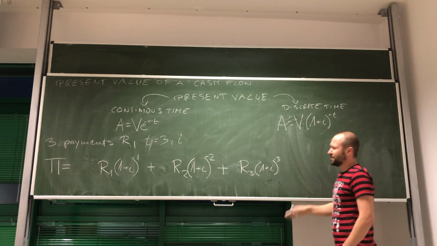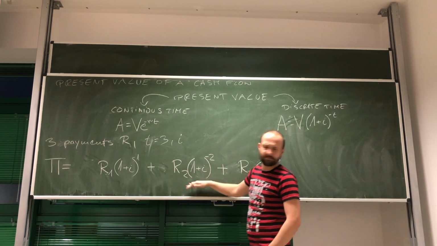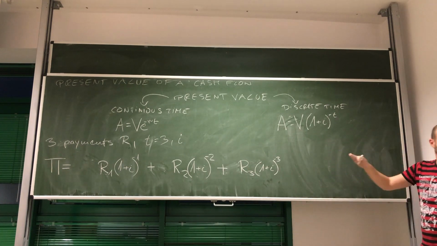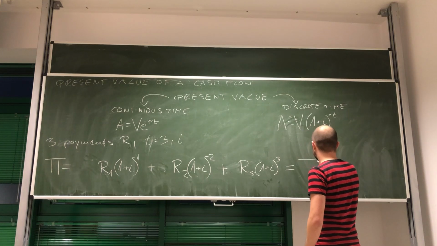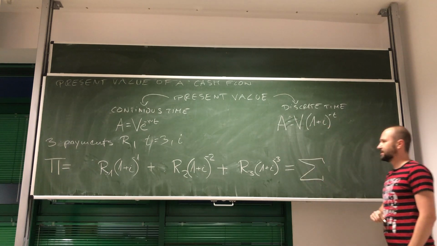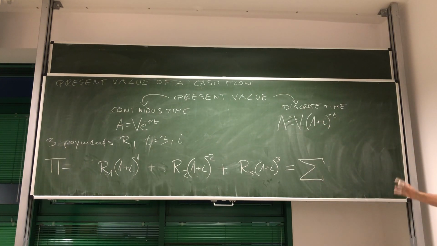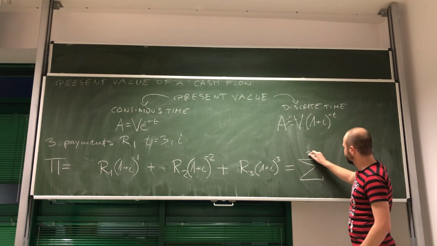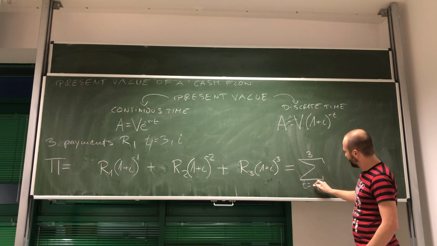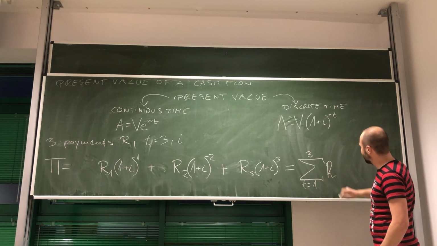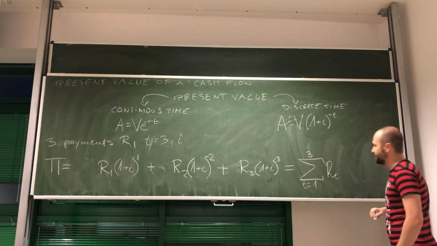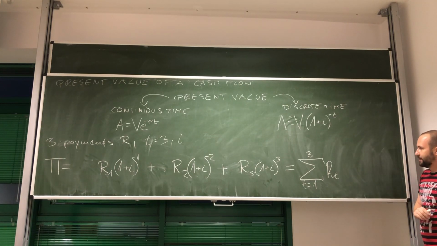Okay, but of course, writing it like this is very unpleasant, right? Too long. Maybe we can write it simpler using the sum symbol. And of course, look, here we have 3 years, and we will start with year number 1. In each year, we receive a different revenue stream.